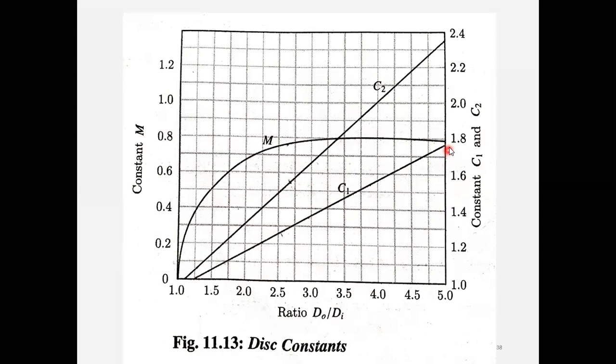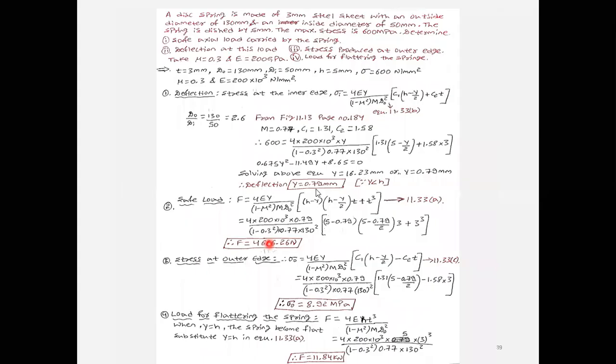After that, next you need to note down one more constant, that is m. See the curve, this is the curve m. Where it coincides, it will coincide at this particular point. You just extend it to the left side. This is 0.6, 0.7, and it is nearer to 0.8. From this, I am going to note down the m value as 0.77, or you can take it as 0.78, depending upon the accuracy.